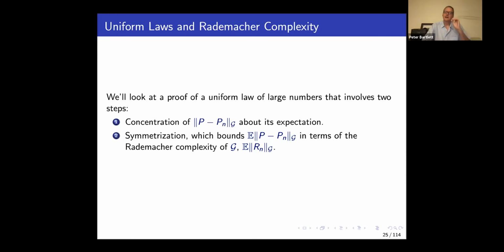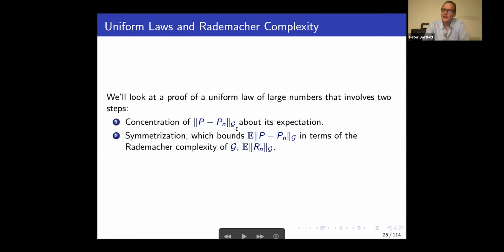So we're going to look at a particular proof that we have this GC property. There are two key parts to the proof. One is that the deviations we see between expectations and sample averages, which is a random variable, this random variable is actually tightly concentrated around its expected value.